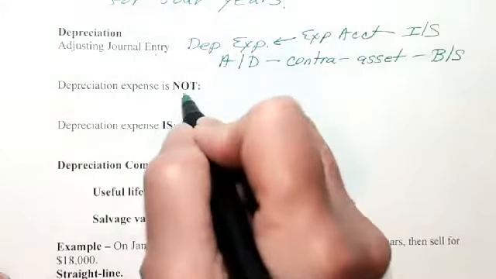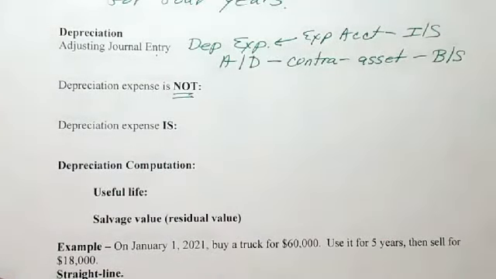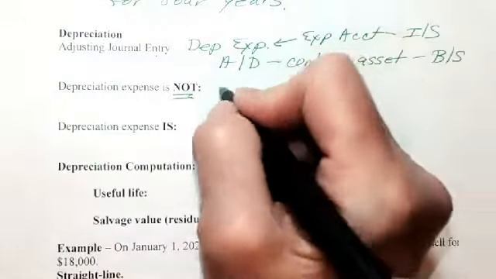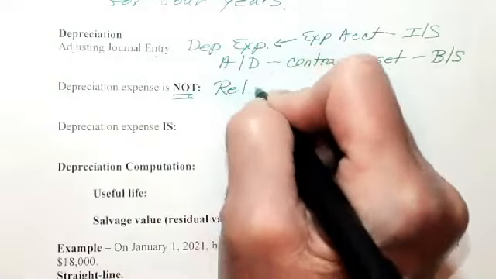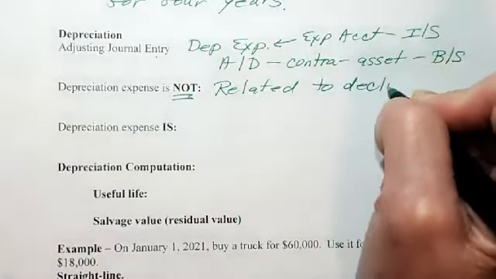Depreciation expense is not a term you use when you're just chit-chatting with friends. I'm sure you talked about depreciation expense all the time with your friends. It is not related to market value. Normally, you think about it as a decline in market value.